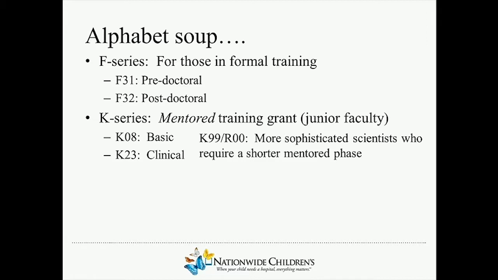K99R00s are designed to have 2 years of a mentored experience followed by 3 or so years of independent R-level funding. You transition from the K phase to the R phase based upon certain milestones and metrics, and if you don't make the cut, you don't get the R bit. All right? But these are designed for more sophisticated scientists. So these are people who don't need a 5-year mentored experience in order to become independent.